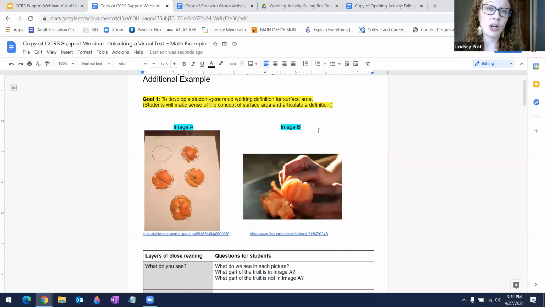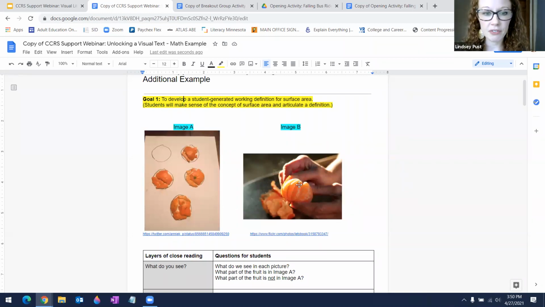The first one I think is more accessible to a level C learner, when we're talking about math, thinking about the idea of surface area.